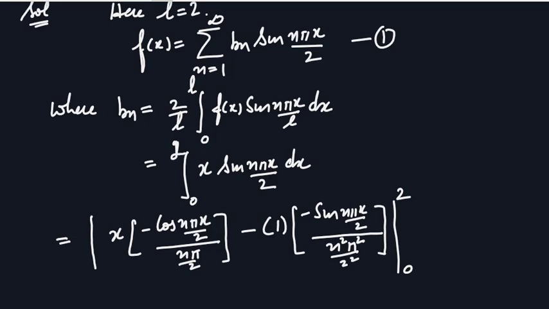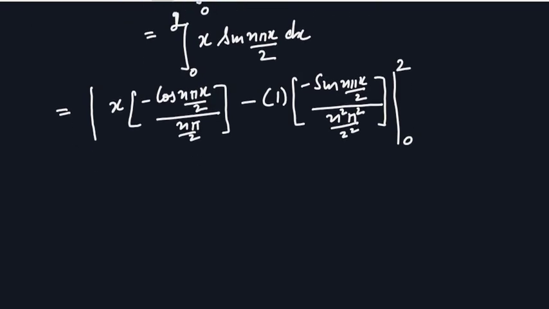Now see, when we apply the upper limit, here x is 2 into, I may write this as 2 by n pi into cos of n pi 2 by 2. I will get here cos of n pi. The sign is negative, so I place a negative here.